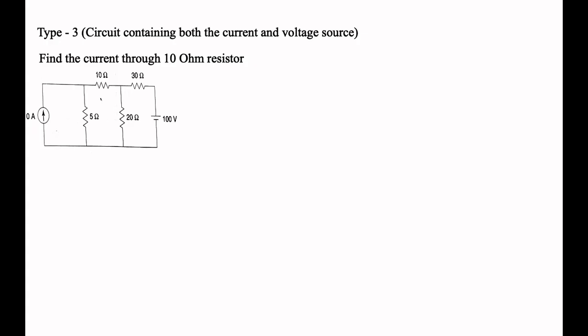Now what is the problem? A 10 ampere current source is there, 10 ohm, 30 ohm, 5 ohm, 20 ohm and 100 volt. Find the current through the 10 ohm resistance. Here it is your 10 ohm resistance and this is the load resistance. You have to find the current through it.